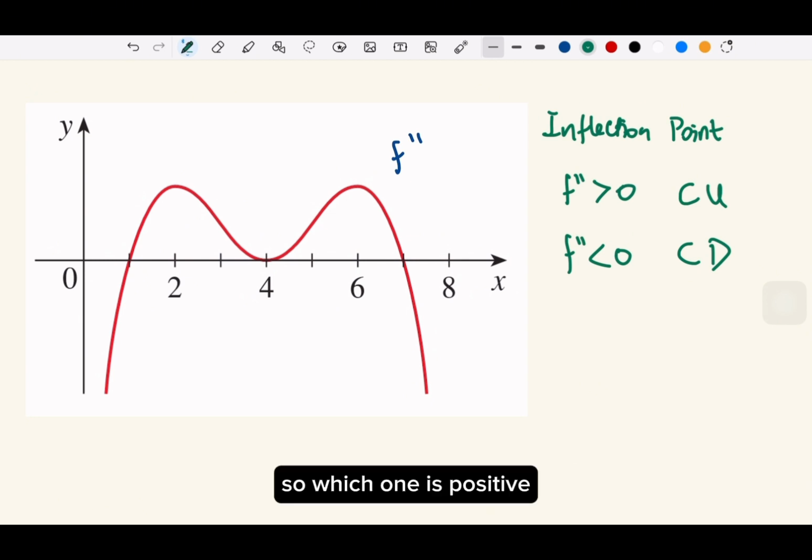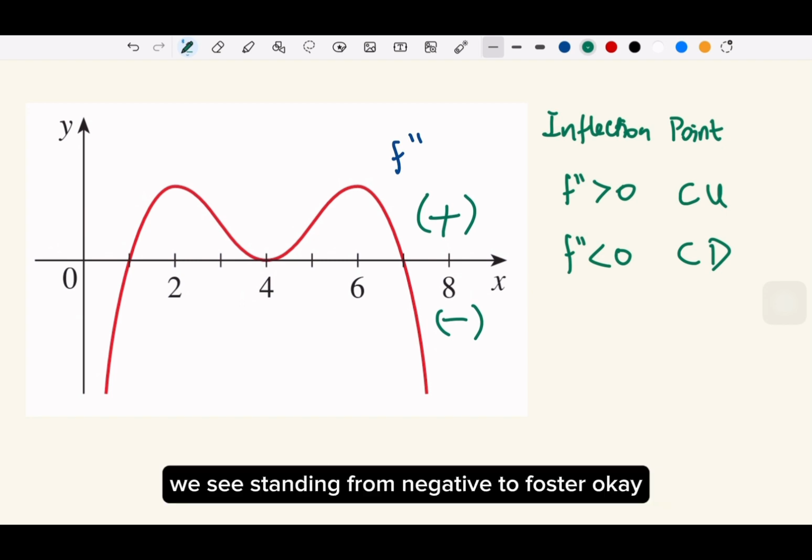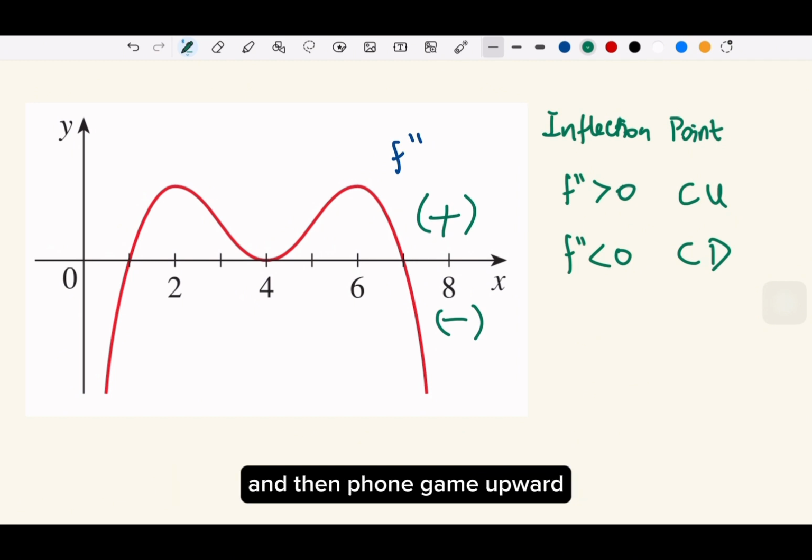So which one is positive? Negative. Okay? So let me write here this is positive, this is negative. So at x equal 1, we see it's changing from negative to positive. So it's changing from concave downwards and then concave upwards.